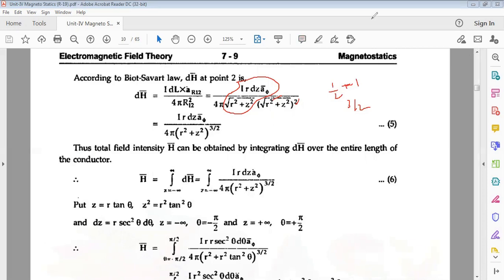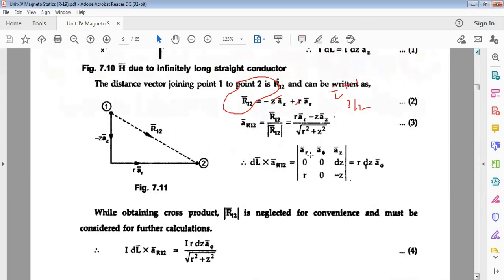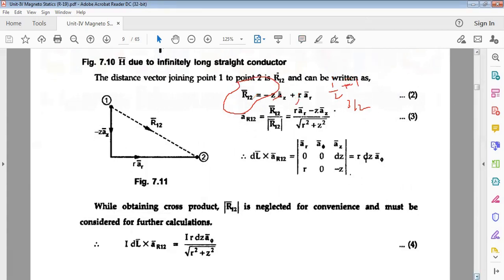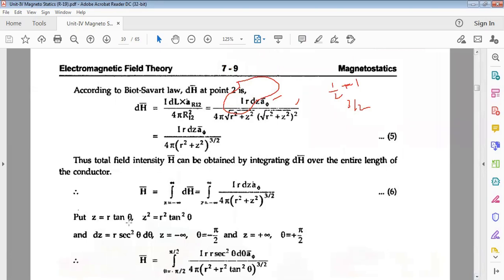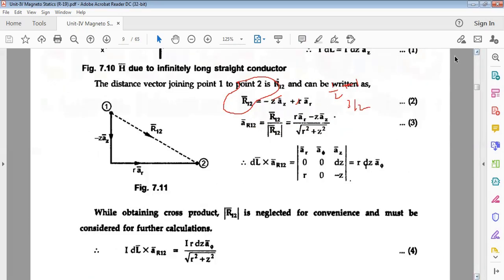From this right angle triangle, suppose you have the right angle triangle, we can assume the theta is there. Opposite side is the R and adjacent side is the Z. When we consider the theta, here they are assuming the theta is here.